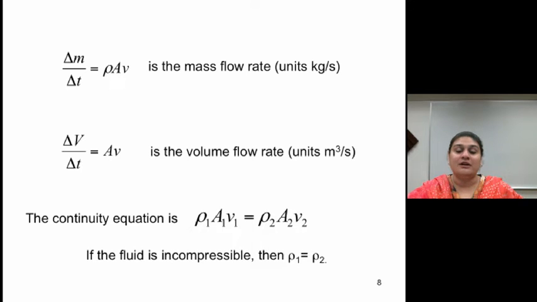Combining all of these terms together, the continuity equation can be given as rho, which is the density, times A, the cross-sectional area, times V, the velocity, equals, at any two points, rho 2, A2, V2. If the fluid is incompressible, then rho 1 will equal rho 2, and we are only going to deal with A1 V1 equals A2 V2.